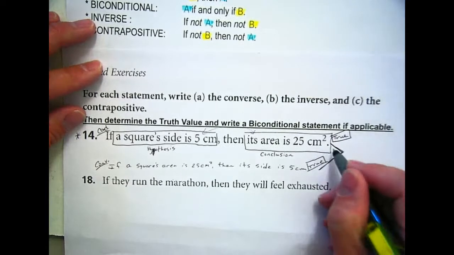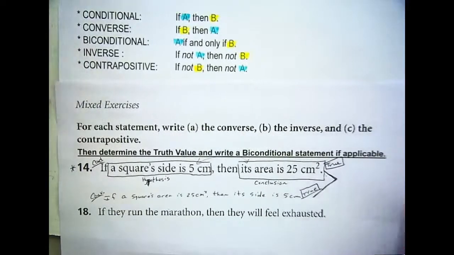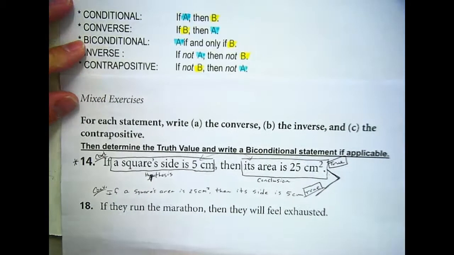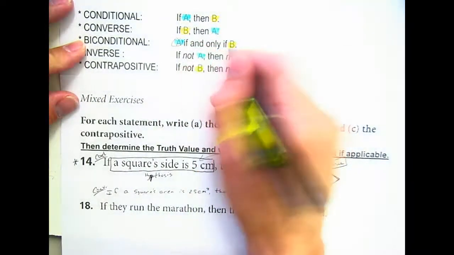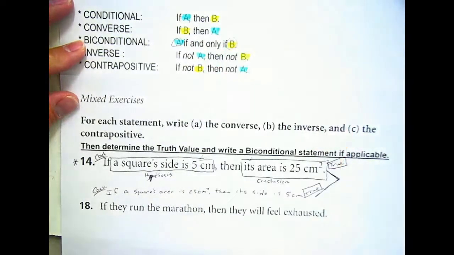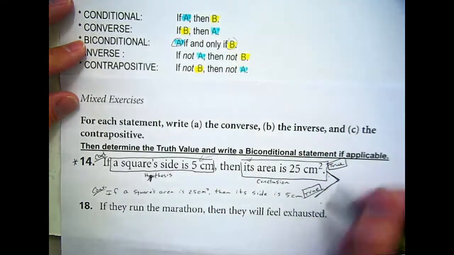Okay, if both the conditional and the converse are true, then you can write a biconditional. And notice the biconditional takes the hypothesis and it says if and only if, and then it puts the conclusion. So I want you to go ahead and write a biconditional for this statement since these are both true.